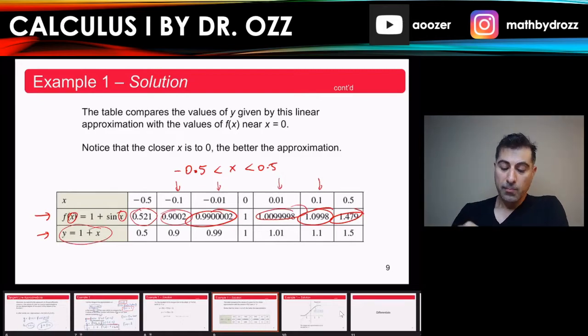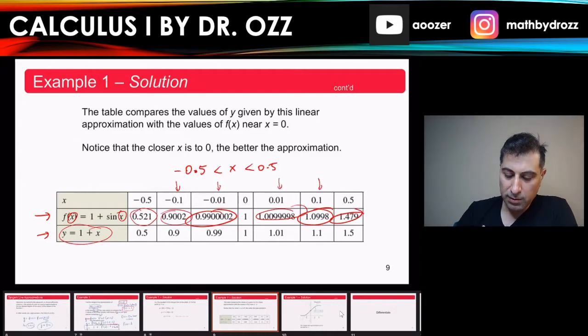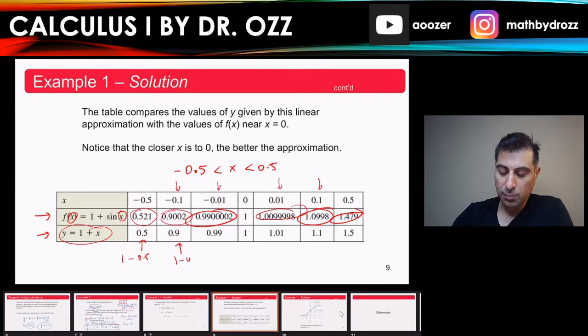Which you can find pretty quick because this is a linear function, so the calculation is slightly easier, obviously. To get this one, you're going to plug in negative 0.5, so it's going to be 1 minus 0.5, which is 0.5. To get this one, you're going to plug in negative 0.1, so 1 minus 0.1, there you go, 0.9. You don't even need a calculator to find the values in this row, okay?